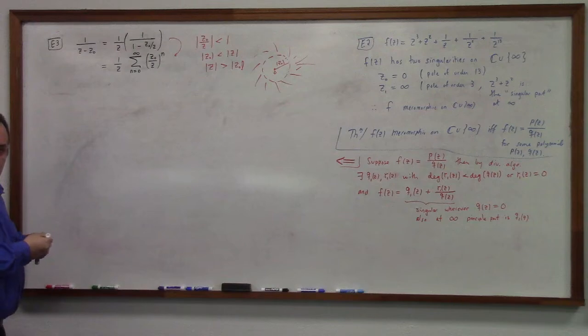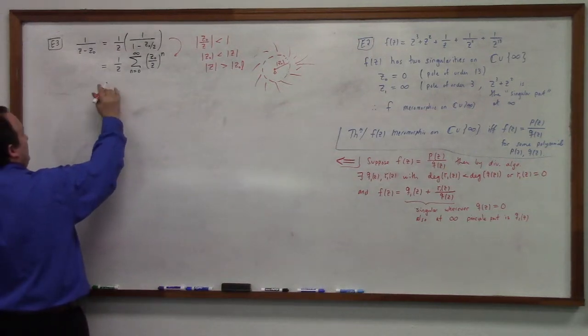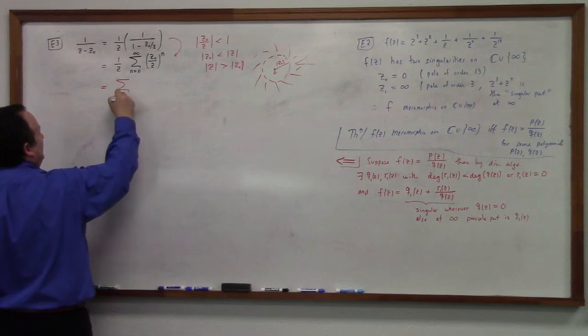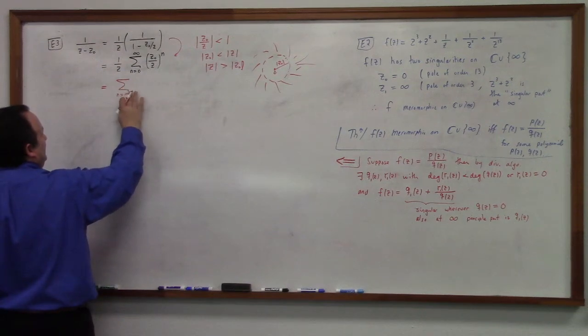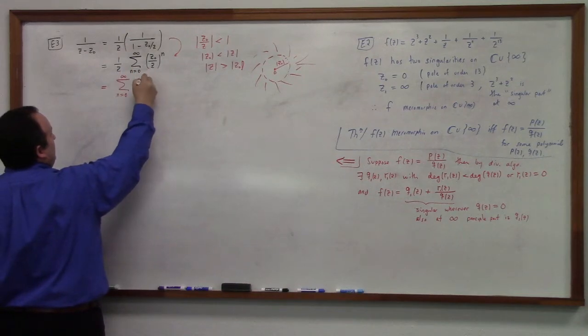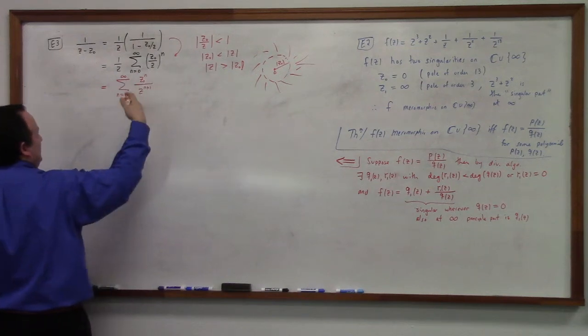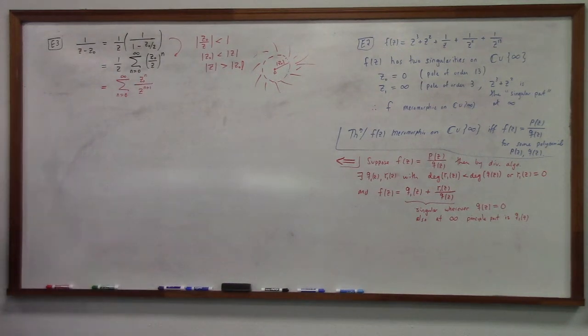Does that make sense? It is the way things are at infinity. Everything's upside down at infinity in some sense. So we have z naught to the power n over z to the n plus 1. That is a function which is analytic at infinity.